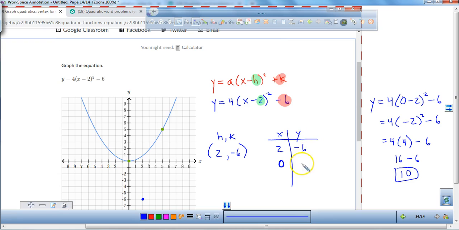So the other ordered pair I could put is 0 and 10, which would be right there if they let me. Okay. Now if they don't let me, I could plug in a 1, which is right next to the number 2. I could plug in a 1 or a 3.